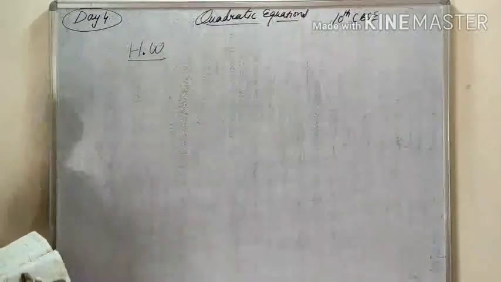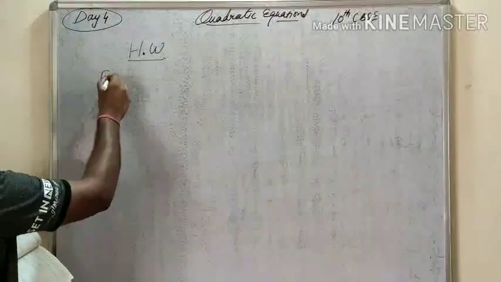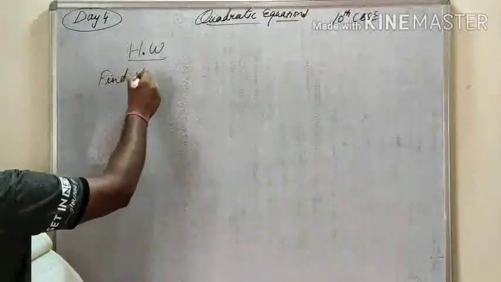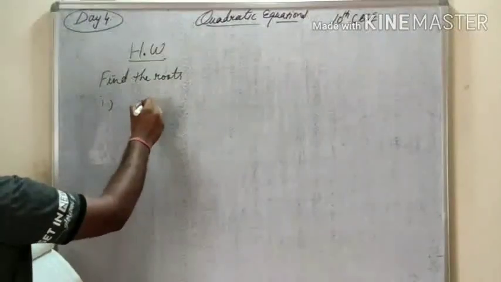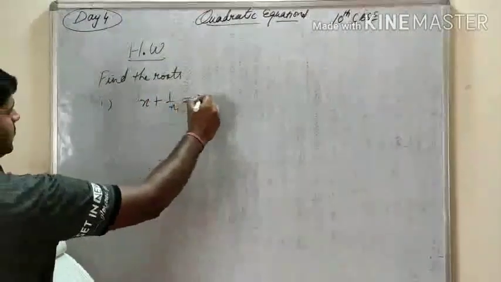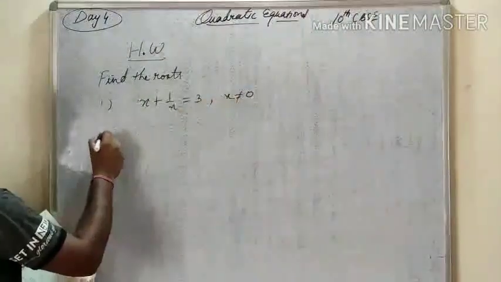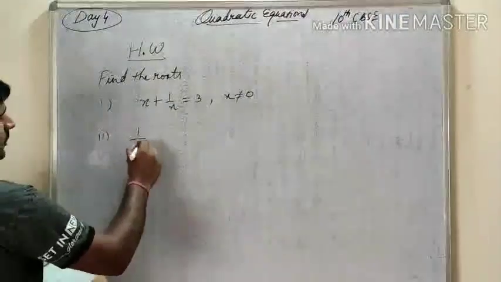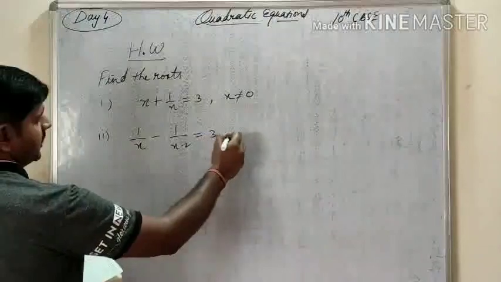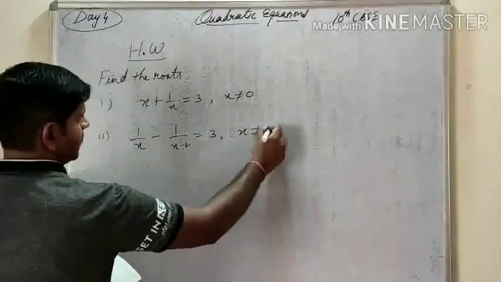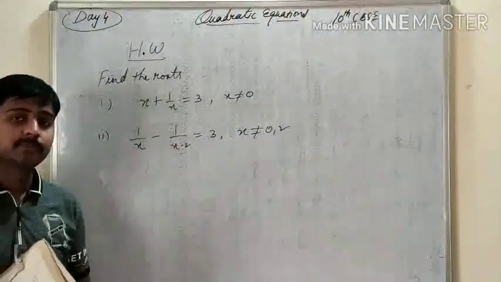So solve, or find the roots, of x plus 1 upon x equals 3, where x is not equal to 0, and the second part, 1 upon x minus 1 upon x minus 2 equals 3, where x is not equal to 0 and 2. These two parts are homework.